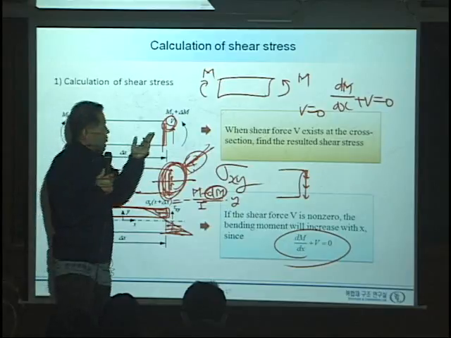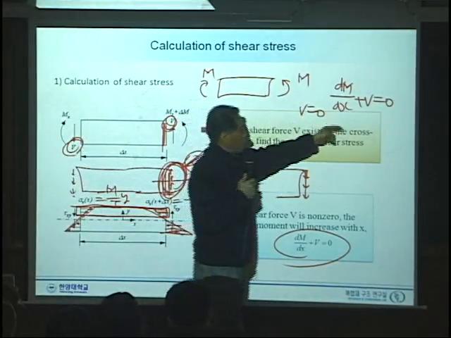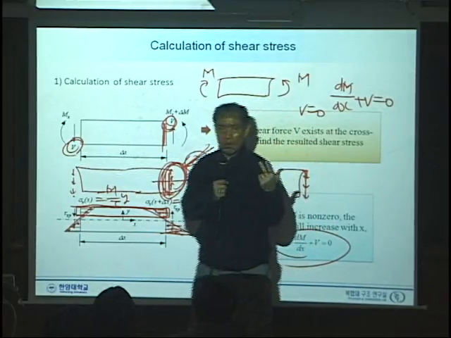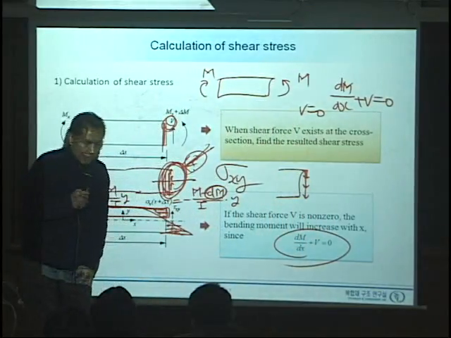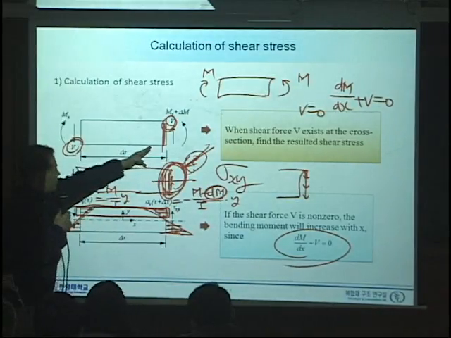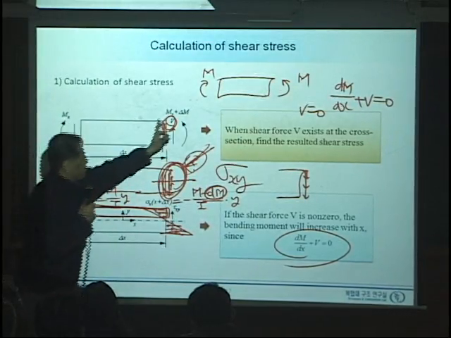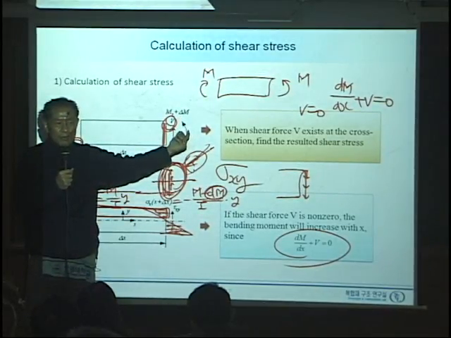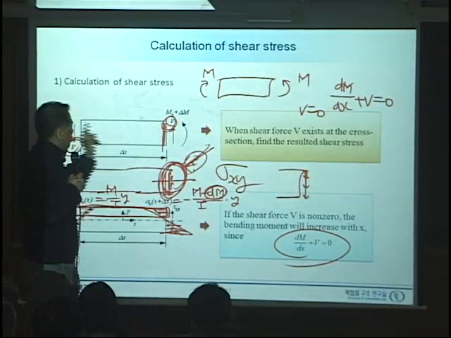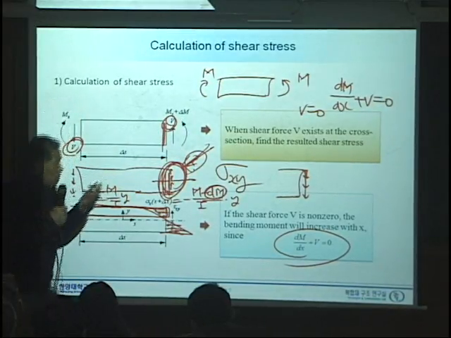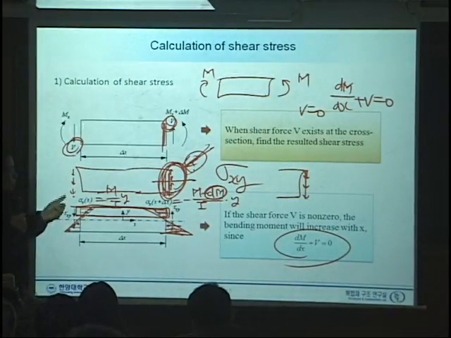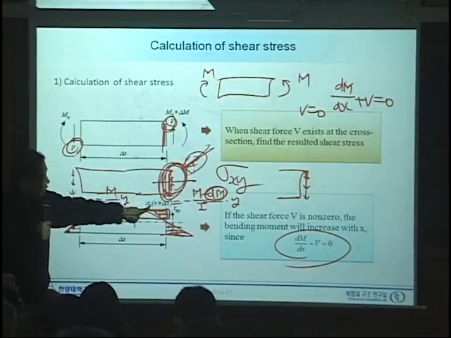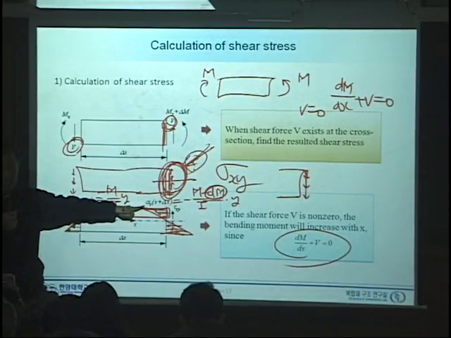So to do that, the first step is to pay attention to here. V means that the moment is always increasing. When we have a V here, there's a moment M on the left, and on the right-hand side there is a moment plus some moment increment. This moment also causes sigma x bending stress.